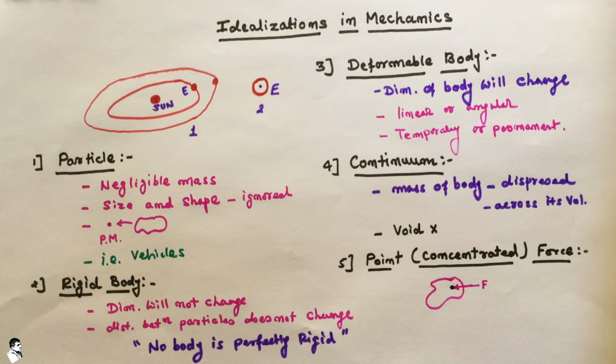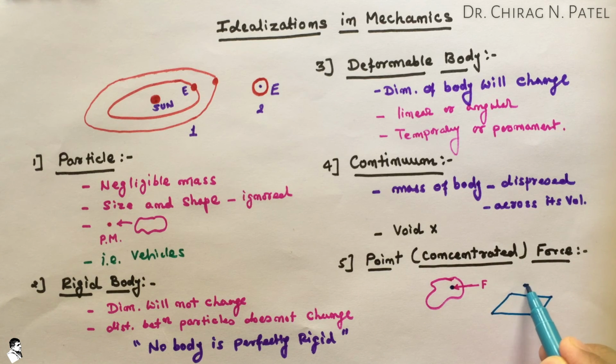If we consider a small floor, for example, and a person standing on the floor and applying some force, whatever the weight of that person is, it is transferred to the floor.